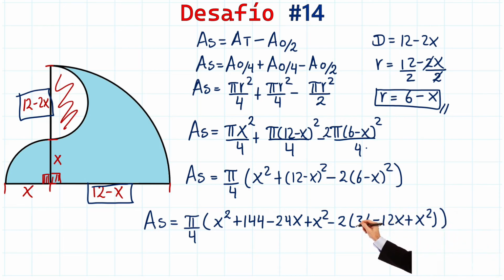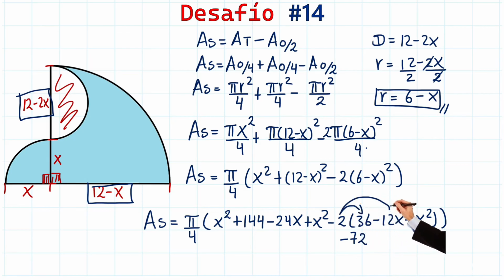All this in parentheses here, we're going to multiply using the distributive property. Minus 2 times 36 gives us minus 72, then minus 2 times minus 12x, minus times minus is plus, and 2 times 12 is 24, 24x. And finally we have here minus 2 times x squared, which gives us minus 2x squared.